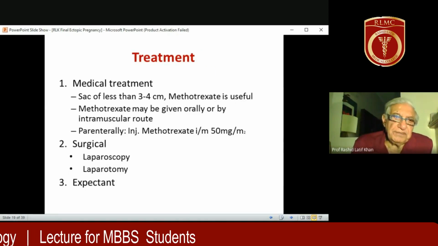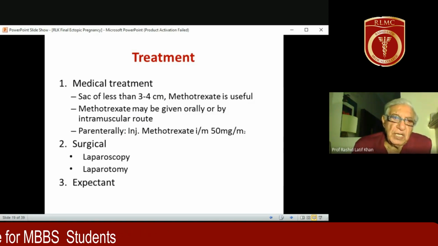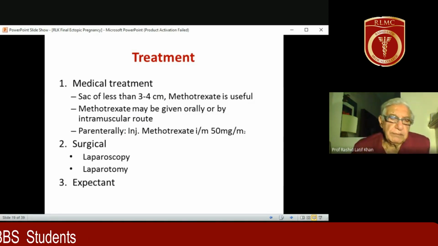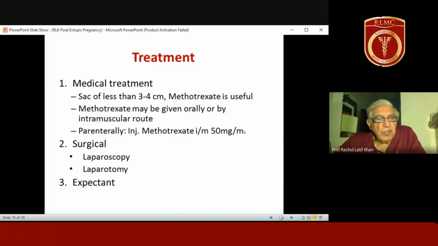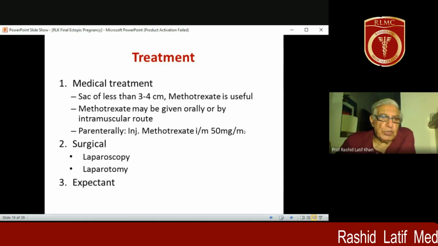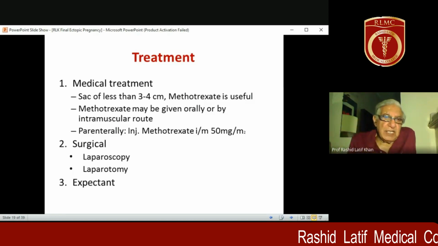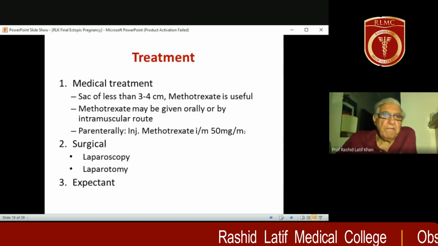Treatment is either medical, which I put first, then surgical, and expectant at the bottom. Normally, in medicine, expectant means no intervention, no treatment, just watch the patient. I have put that as number 3, not number 1. Number 1 is medical treatment.